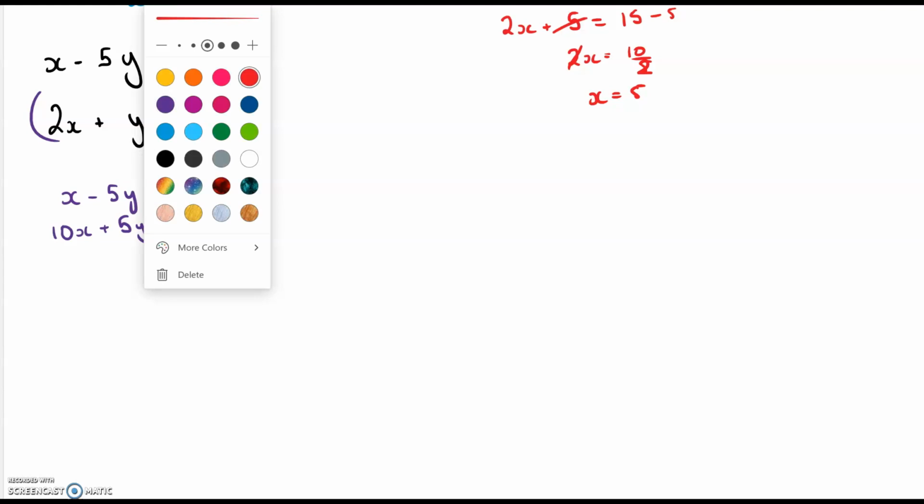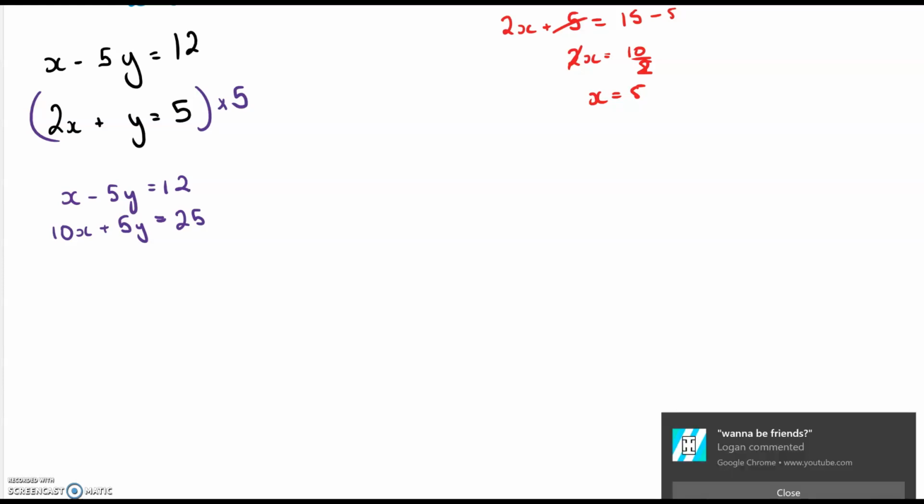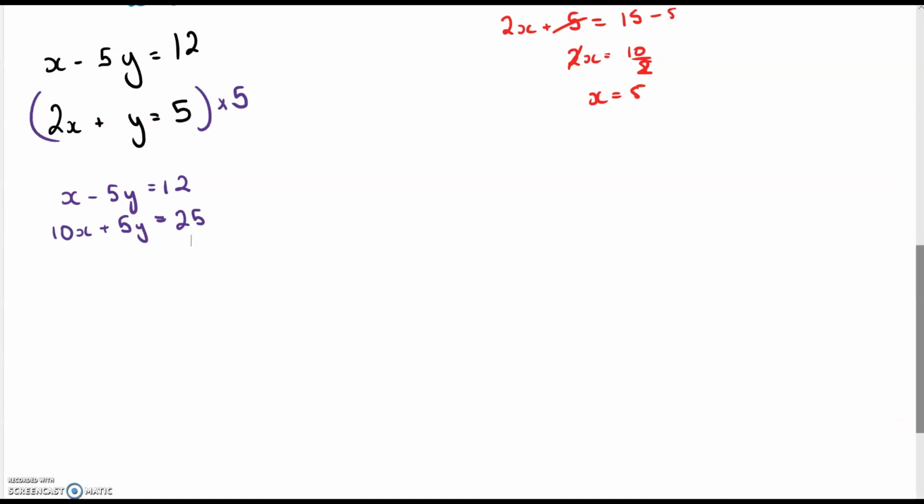So in this case, instead of subtracting these equations, because if I subtracted them, I'd end up with negative 5 minus another 5, which would give me negative 10, which is not what I'm after. What I want is to have 0.